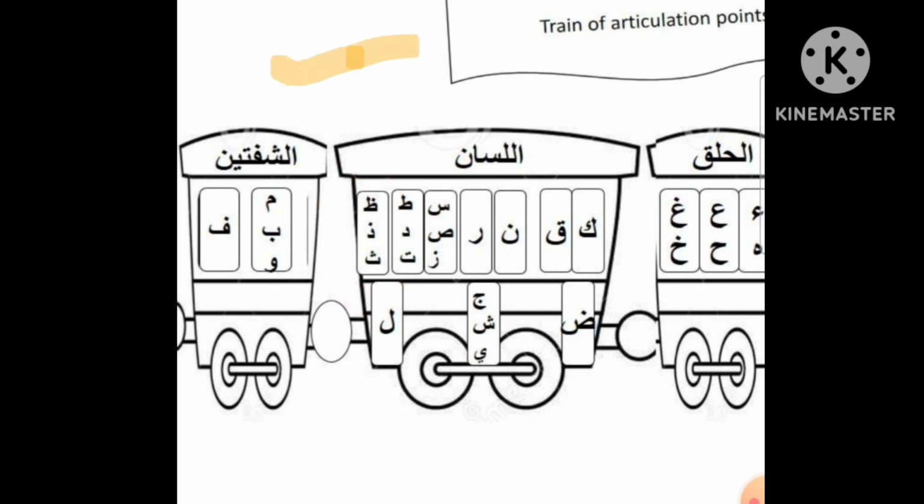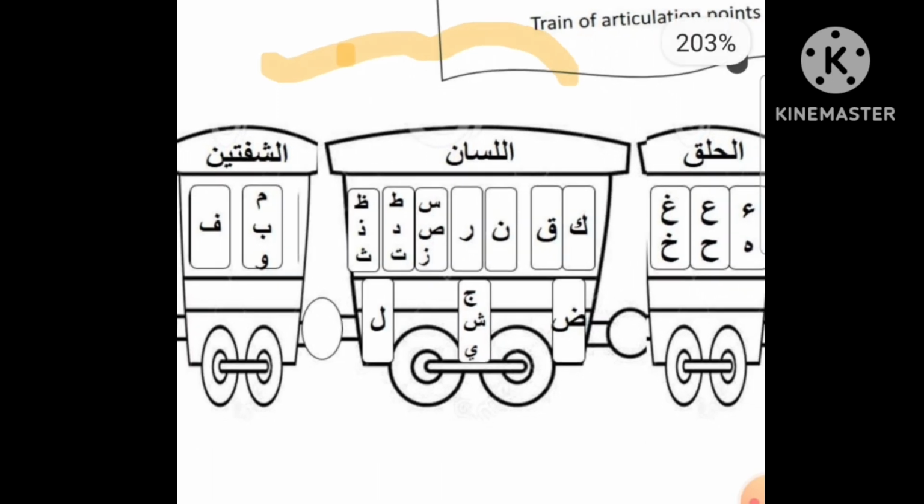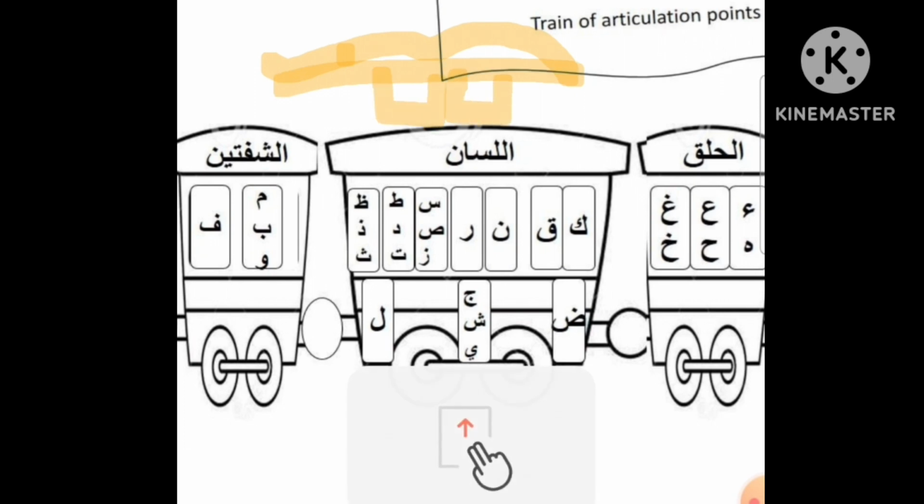See, this is your upper lip, then you have the upper two teeth. So the articulation point of dha is when the tip of your tongue touches the tip of the upper two teeth.